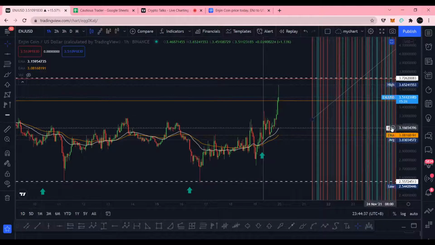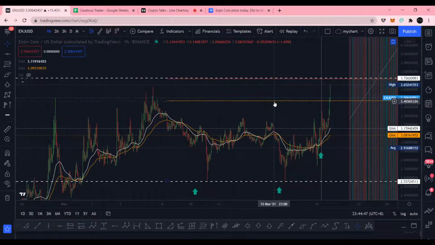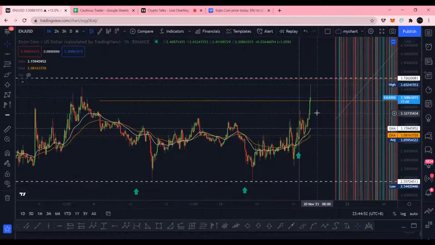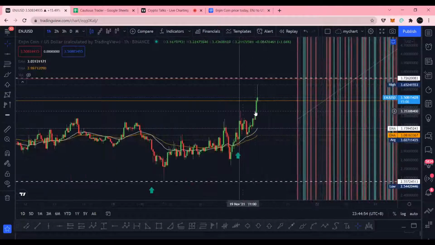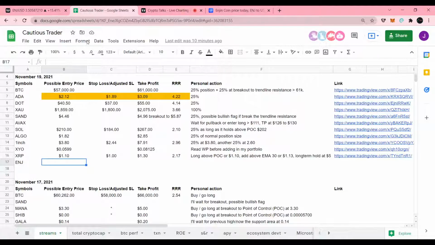If it can still go below this one, I mean, to retest the EMA 30, much better. So I will wait for a pullback at least. Pullback, or I'll wait for this. This is the previous highs, so 3.16.